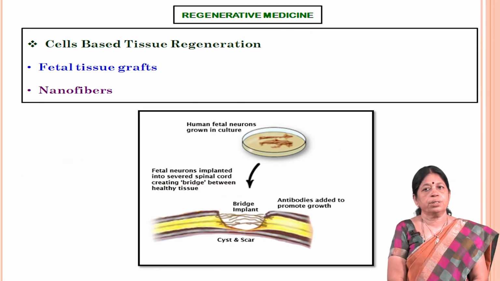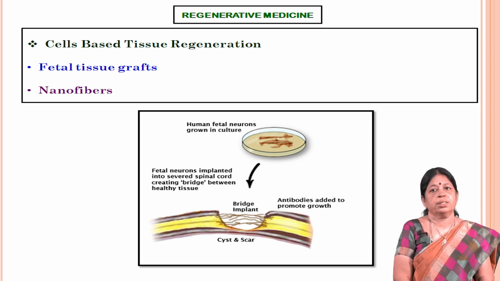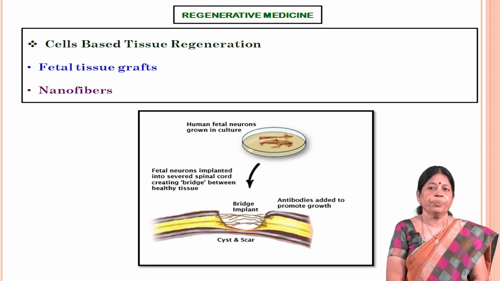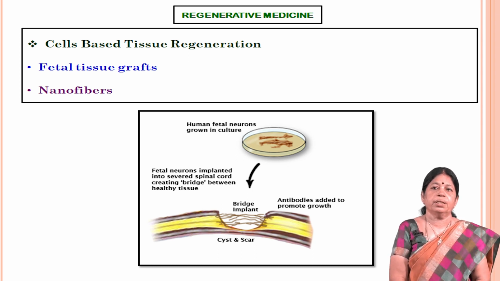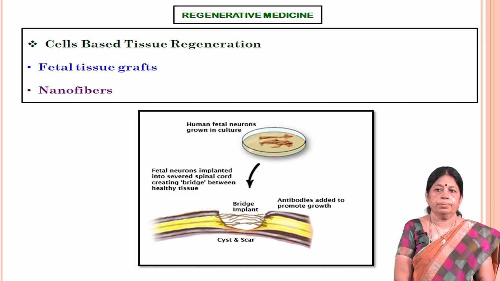Then cell-based tissue regeneration, fetal tissue grafting. This is also done, that is, tissue from the fetus, because they are totipotent. They can develop into any type of cell. We can take them, and nanofibers are also used for regenerative medicine.